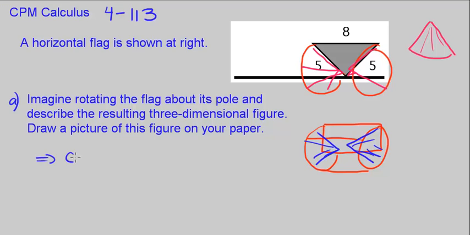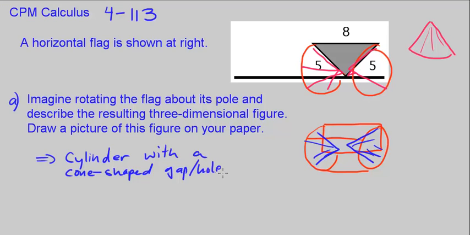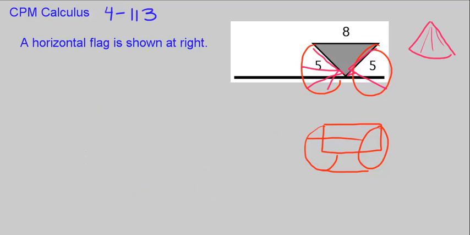I would say it's a cylinder with a cone-shaped gap or hole on both sides. There's the hole, so it's hollow on both sides, because these two cones are removed. Alright, let's go on to part B.